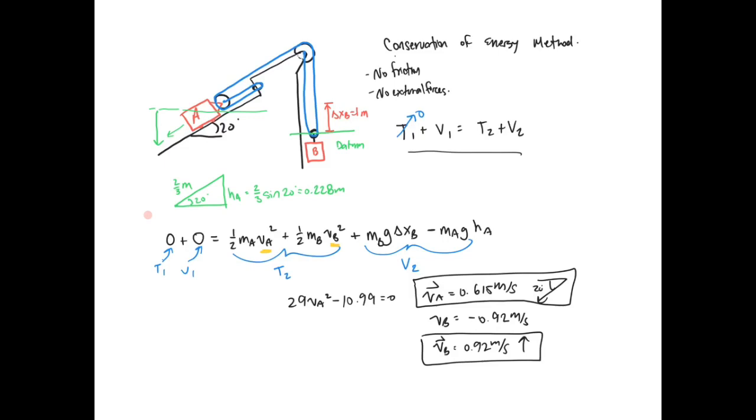So I just want to highlight something here. In the conservation of energy method, we did use the same constraint equation, so that didn't change. The system itself isn't different. So the relationship between the position of A and B and the velocity of A and B remained the same, so we still use the constraint equation. But what was fundamentally different here is that in terms of the force due to gravity, we considered it in the potential energy.